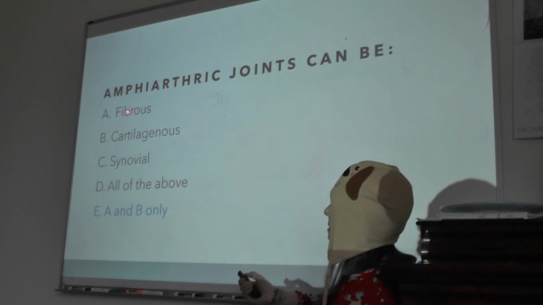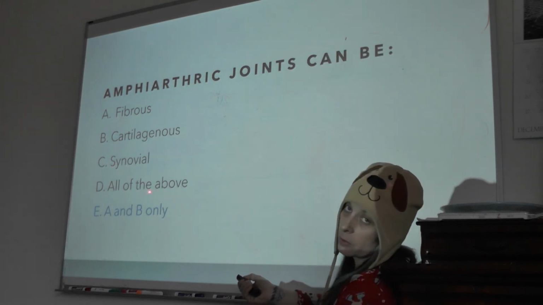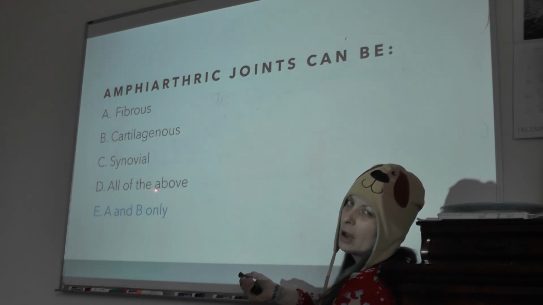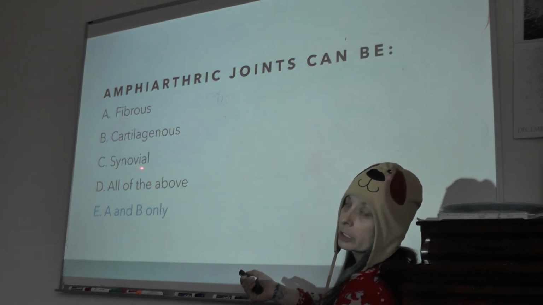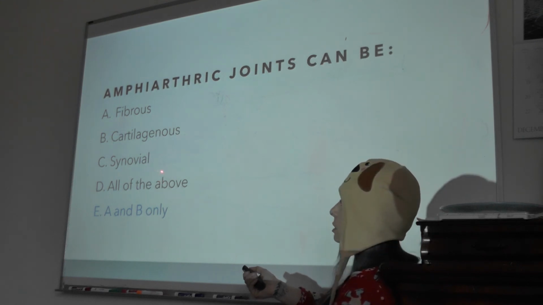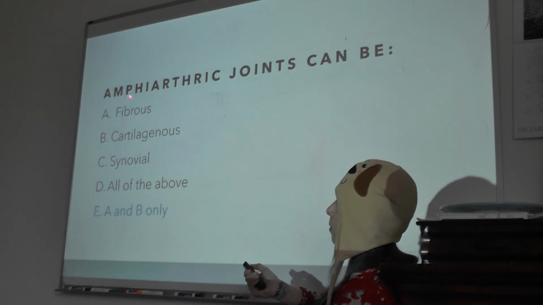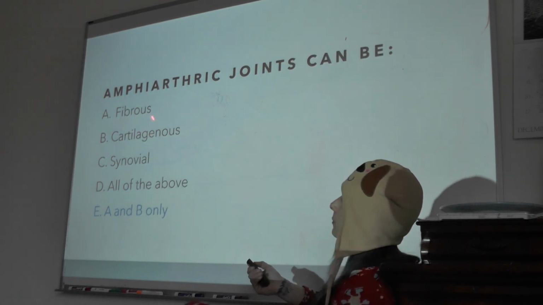So let's think of an example of each. The reason that synovial doesn't work is because synovial joints are considered diarthritic. All synovial joints are considered diarthritic, even if they have varying ranges of motion. I know that might drive you crazy, drives me crazy, but I still have to teach it because this is still true. So synovial joints are freely movable. Fibrous and cartilaginous joints are either synarthritic or amphiarthritic.